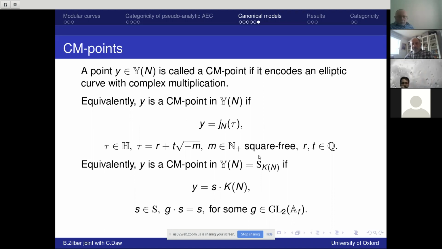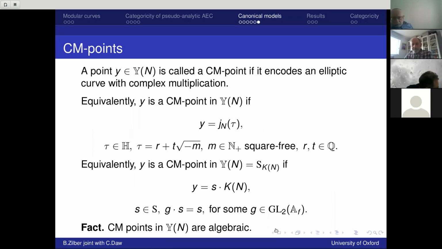So these are three equivalent definitions. And now I remind you that CM points are algebraic, so you can act on them by Galois action.